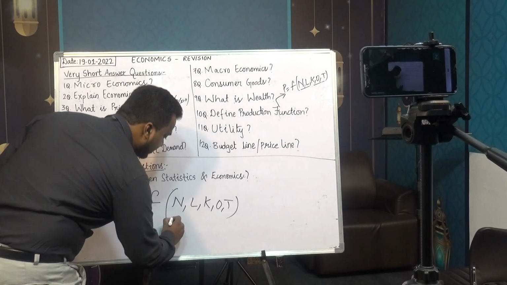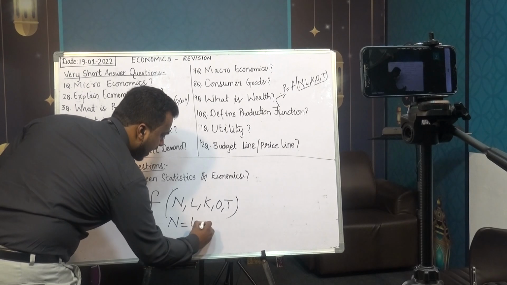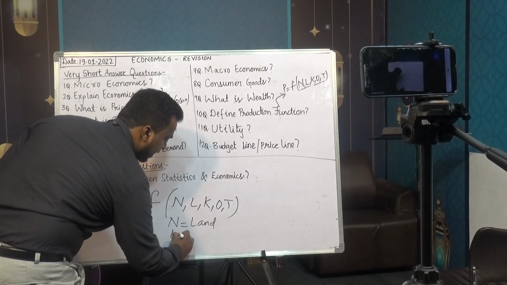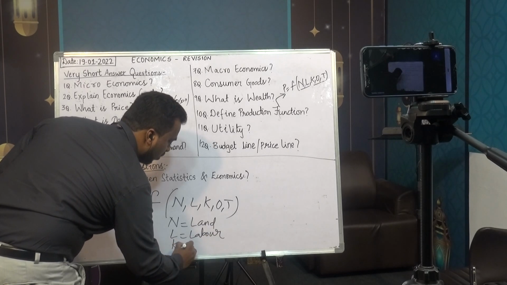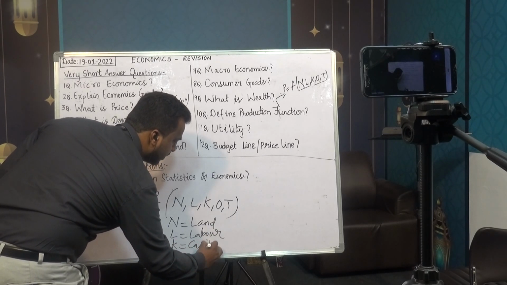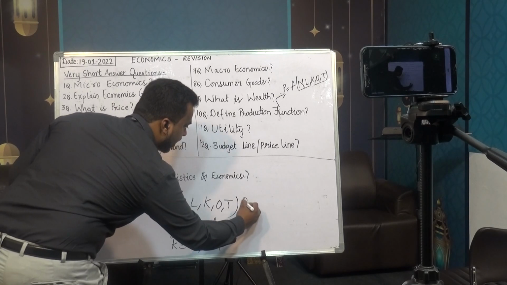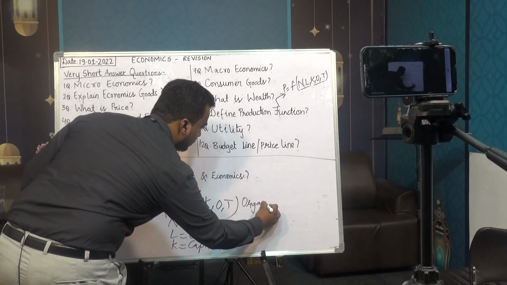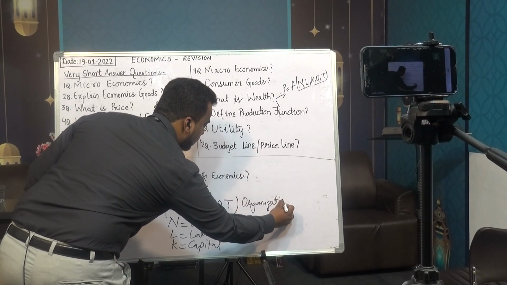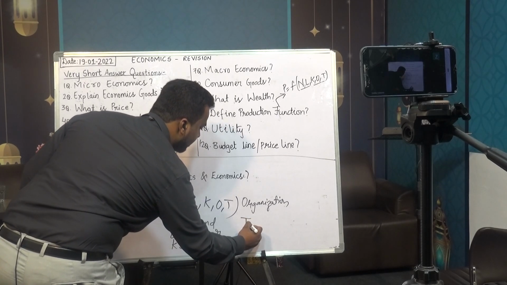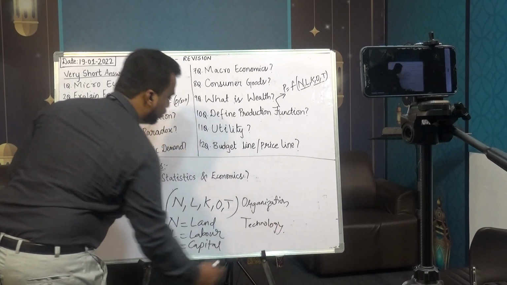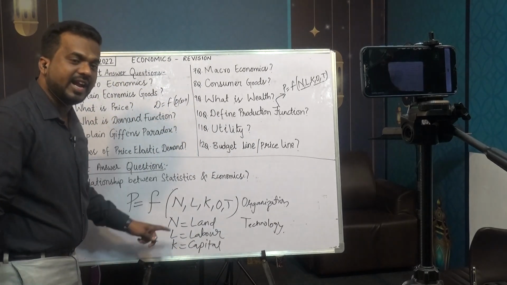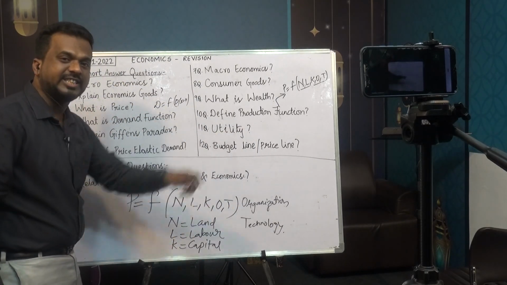N, where N stands for what? Land. L stands for labor. K stands for capital. O stands for organization. And T stands for technology. So ये याद रहेगा NL cot. ऐसा याद रखो.